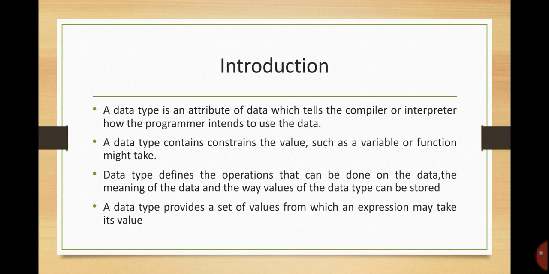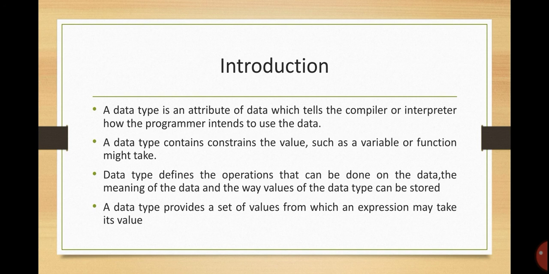So, in fact, a data type is just a type of data that provides a set of values from which an expression may take its value. This data type defines the operations that can be done on data.